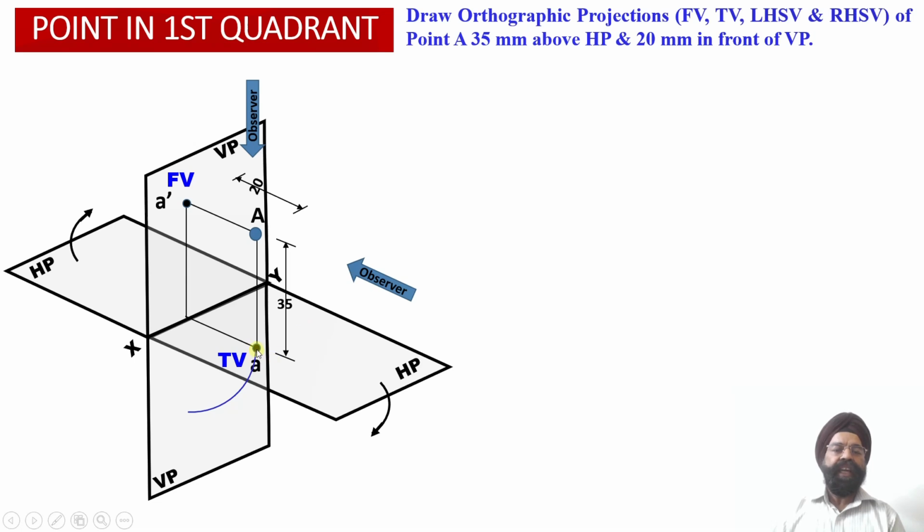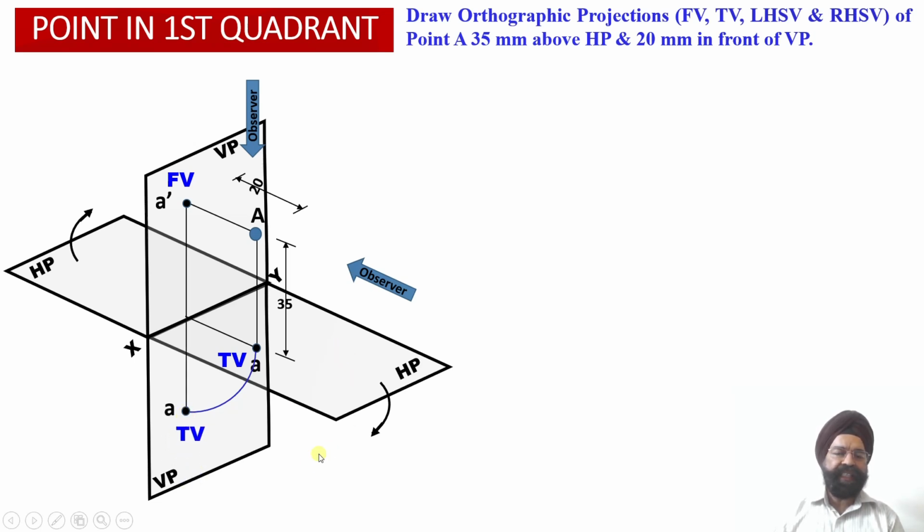Now let us obtain the top view projection after this rotation. So we are going to take this much radius. Keep the needle of the compass over here and open the compass equal to the radius 20 millimeter, which happens to be the distance of point A from the vertical plane. Through this point, that is onto the XY line, which is the intersection of the horizontal plane and the vertical plane, we are going to take up this radius 20 millimeter and rotate this point A, that is the top view projection, onto the vertical plane.